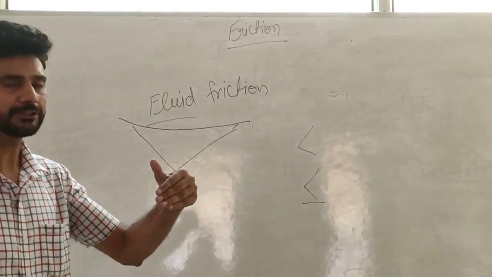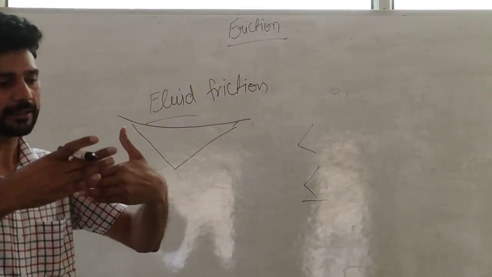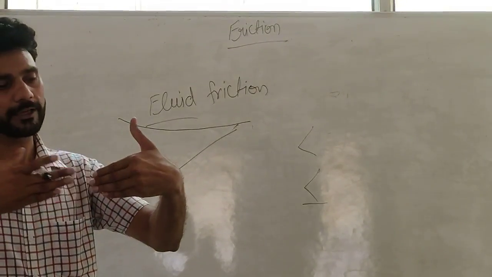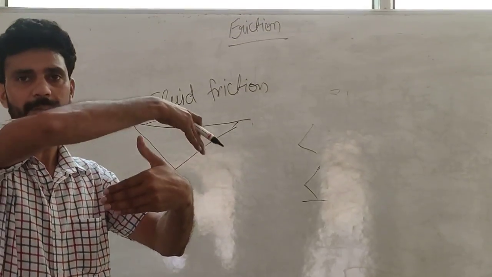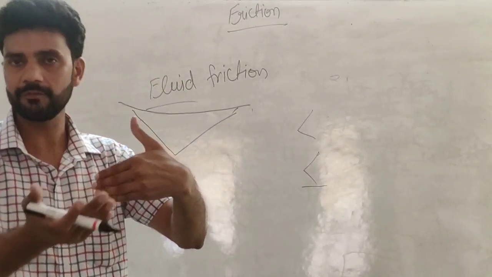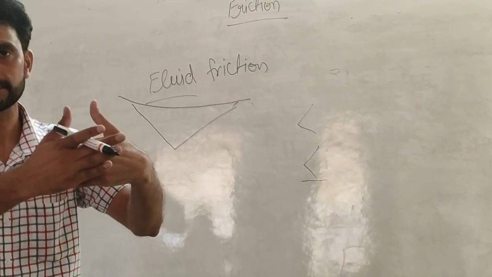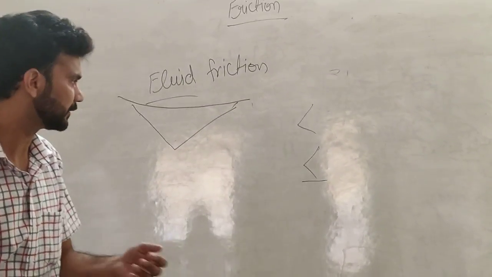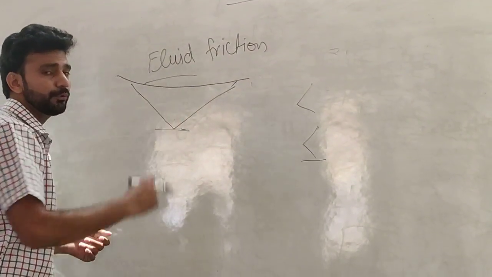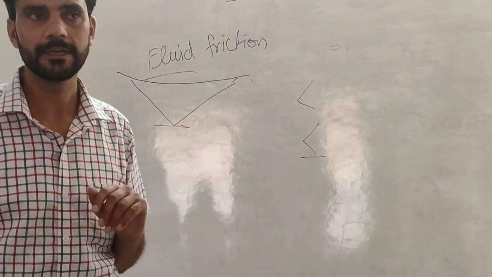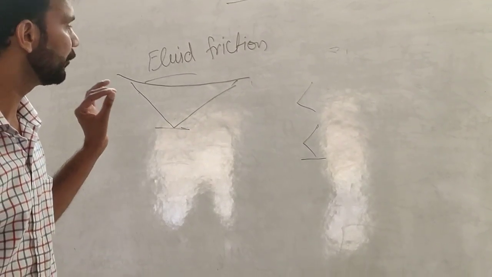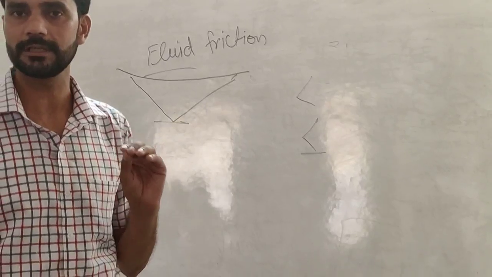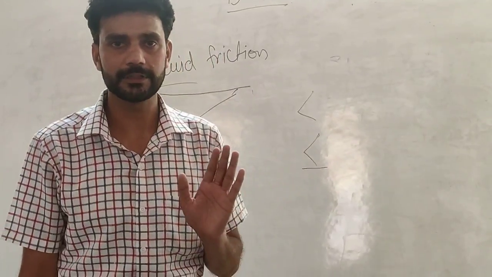But if it is like a V shape, then when air strikes on it, some of the air passes in this direction and some of the air passes in this direction. Same in water. If water strikes on it, some of the water passes in this direction and some passes in this direction. So all this is for reducing friction. Mainly streamline shape reduces friction, so these things have streamline shape to reduce friction.